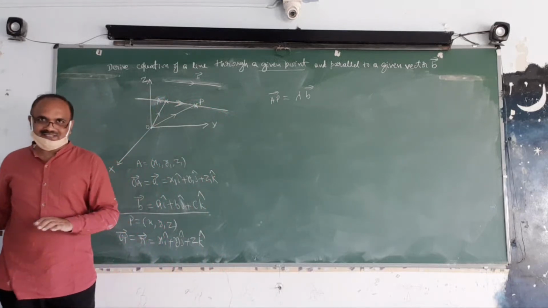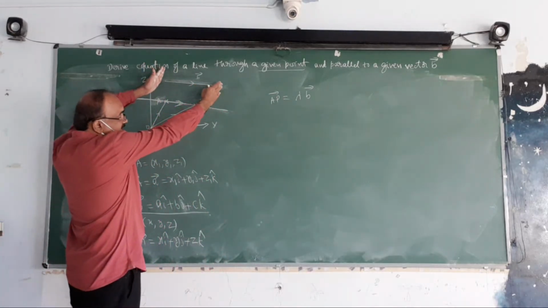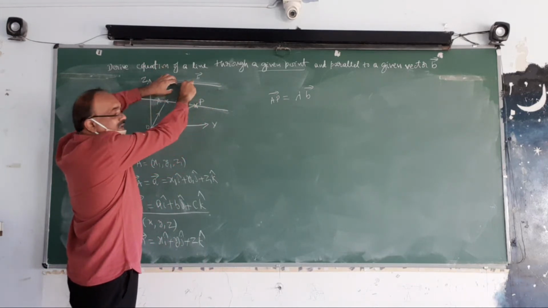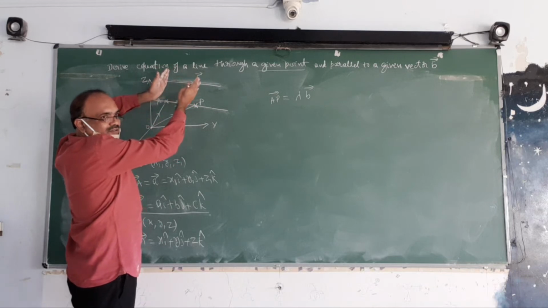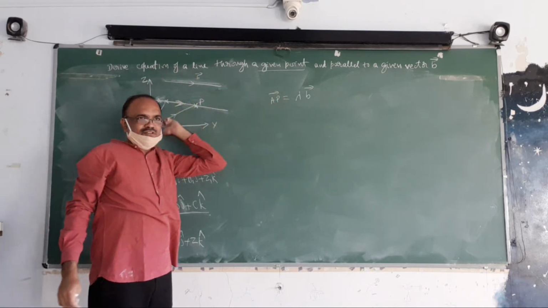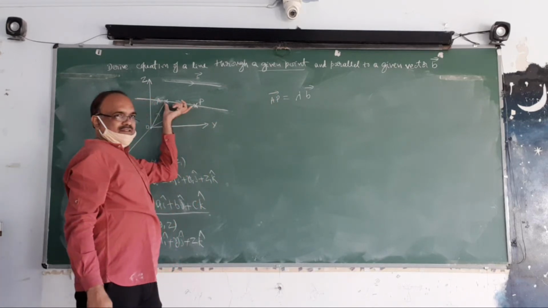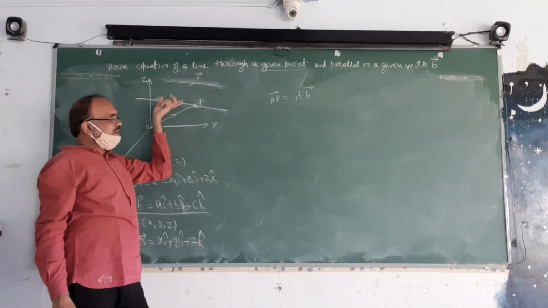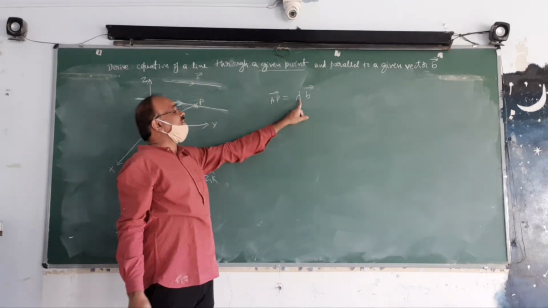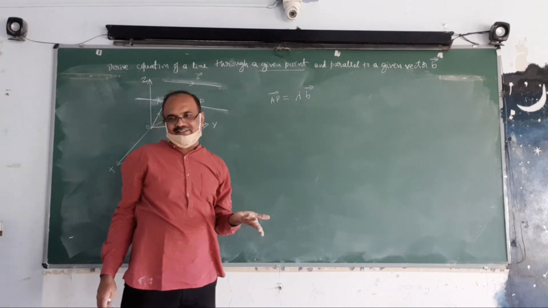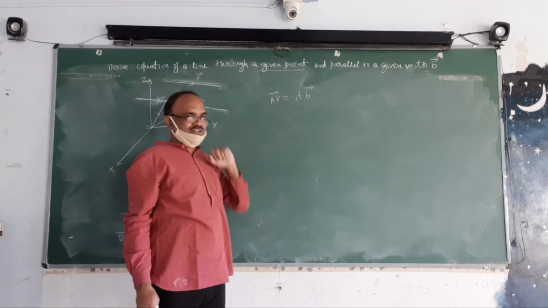Vector b is so much, and you wanted AP only, so you multiply with some scalar. If you wanted half of it, 1 by 2 multiplied, that is lambda. You will get vector AP, because the direction is already there. You wanted the magnitude, so whatever magnitude you want, you multiply with that scalar. So that is one equation.